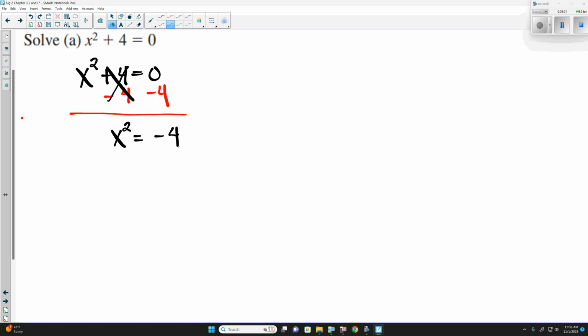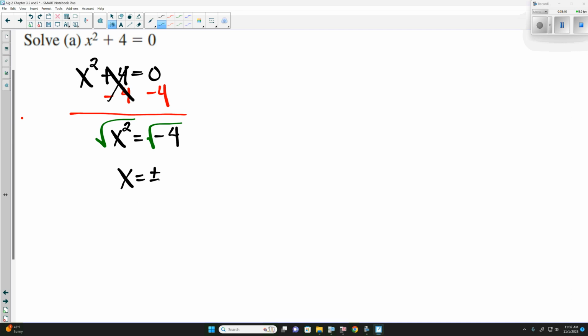Now at this point, we need to take the square root of both sides because the x squared, the term being squared, is by itself. And the square root of x squared is x, equal to plus or minus, because whenever we take the square root of both sides, we do have to add the plus or minus. And now we need to take the square root of negative 4. When we first went over the square root method, this is one of the problems that we got. We couldn't progress any further. We said it was no real solutions because we could not take the square root of a negative number.